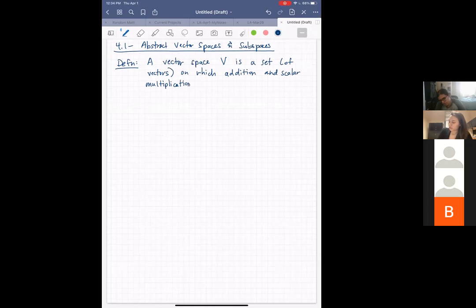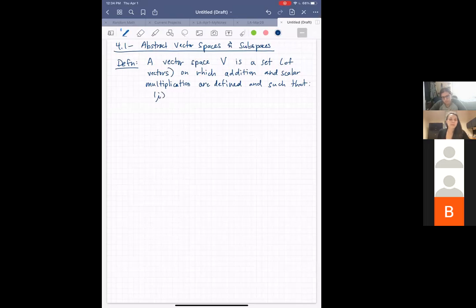So on which addition and scalar multiplication are defined. Okay. And not only that, we have the following properties.